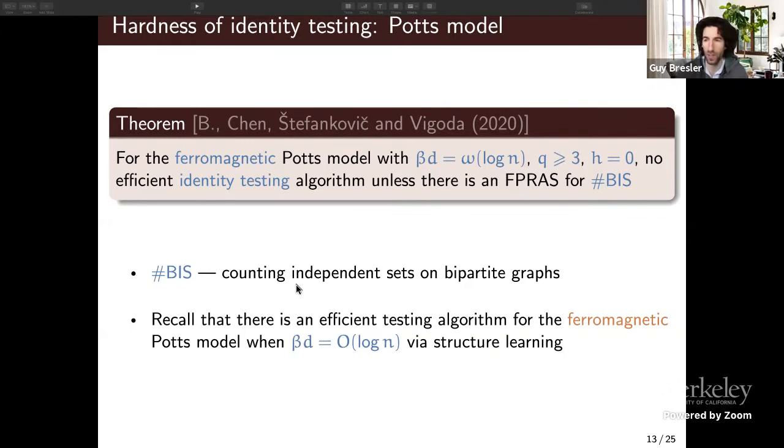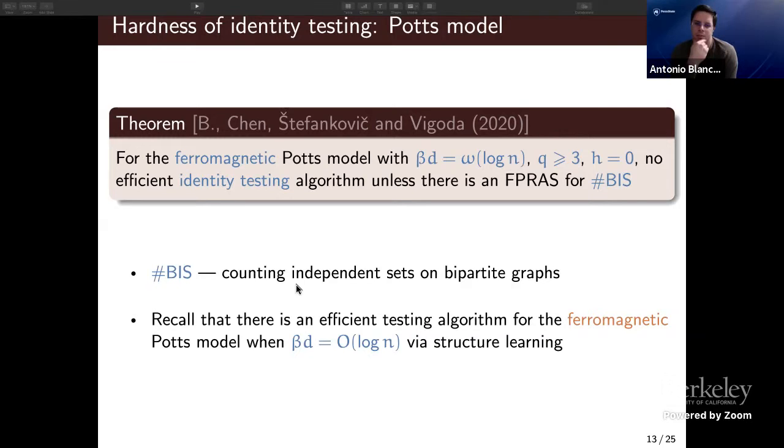Yeah, I have a super quick question for you, Antonio. So when you say structural learning, you're allowed to have very weak edges, right? But do you not care about those? Or are you assuming that all the edges have strength of beta?